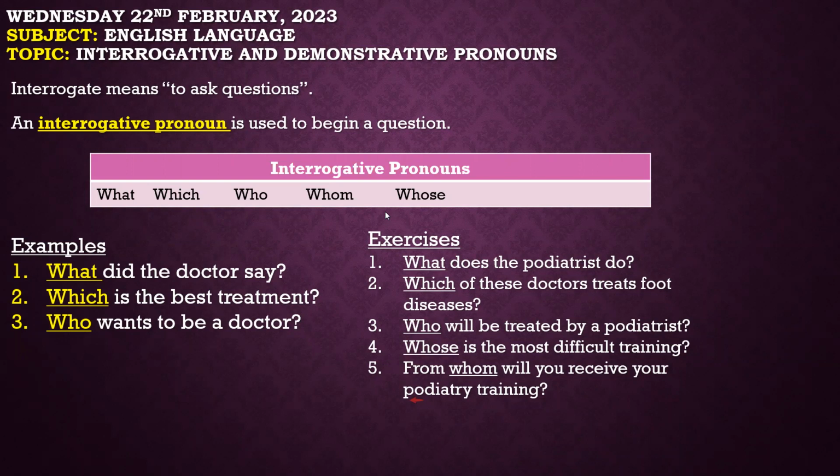I didn't hear you clearly. Okay. How about now? Can you hear me? What's the definition of an interrogative pronoun? It is used to begin a question. Very good. So these are pronouns that are used to begin a question. Okay, so that's what we did last week, Wednesday.